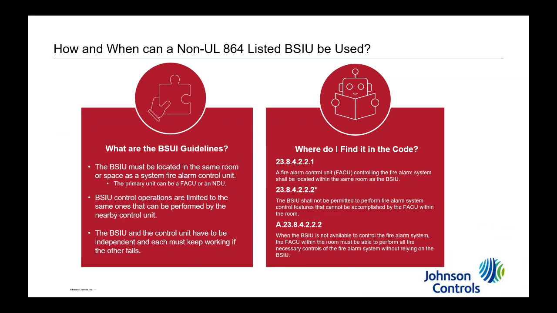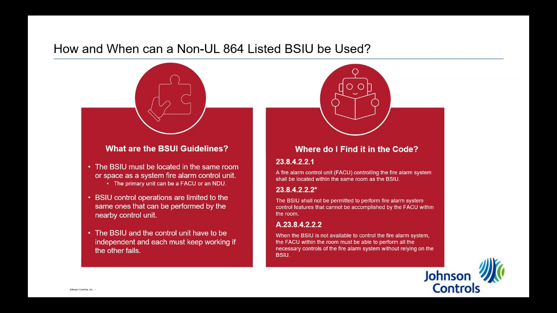The BSIU control operations are limited to the same ones that can be performed by the fire alarm control unit nearby. So you can't do smoke control and functions where you're controlling fans and things like that that you normally could with a TSW. That would not be allowed in this type of unit.